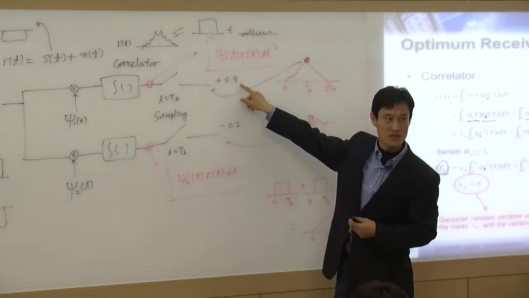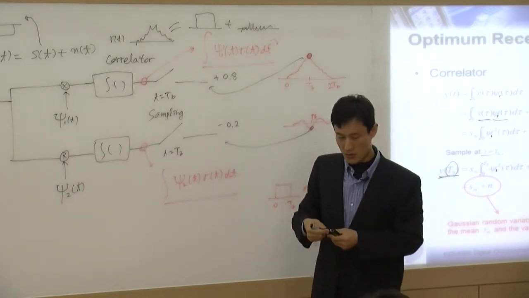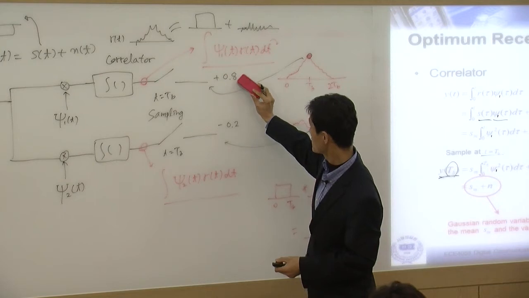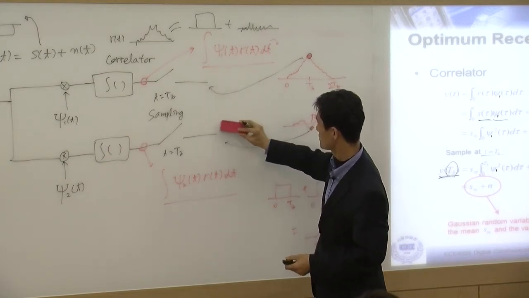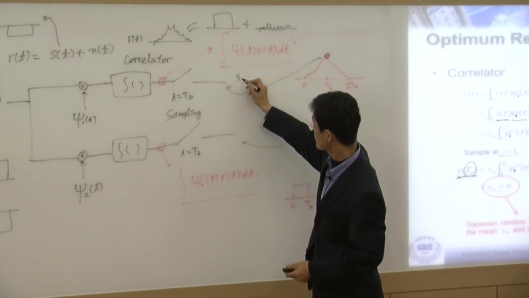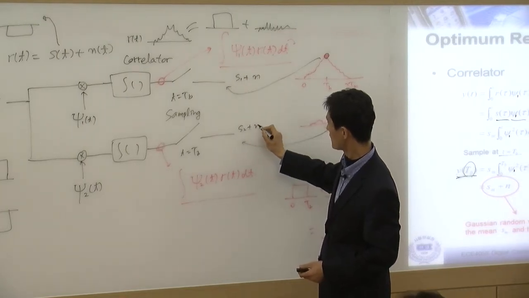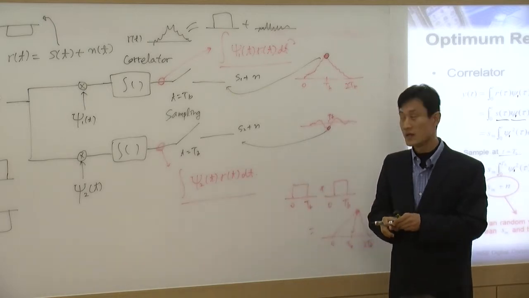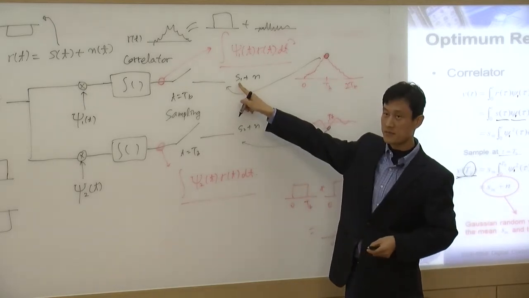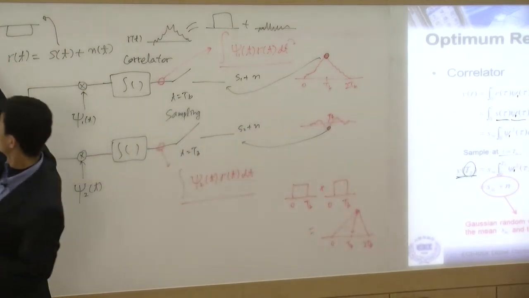I'm just giving you one example. Let's call these values S1 plus N and S2 plus N. So what is S1 in this case? S1 is the value of this.